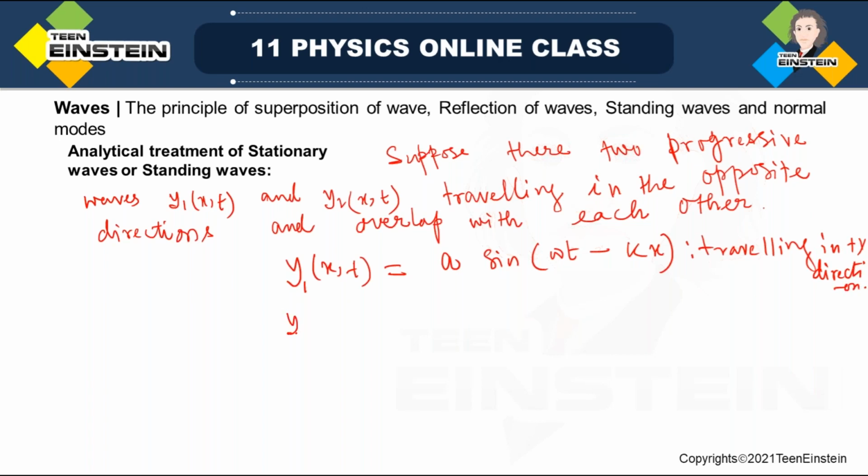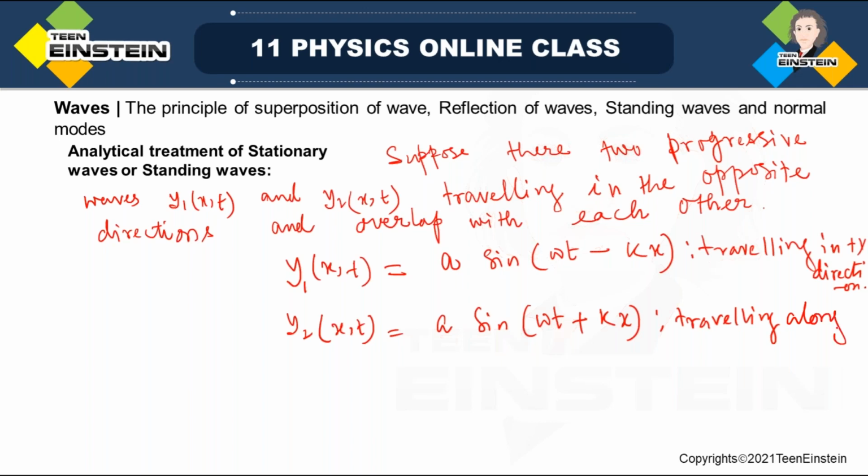Y2, with the same amplitude and same frequency, but traveling in the opposite direction, along the negative x direction. These are the two waves.